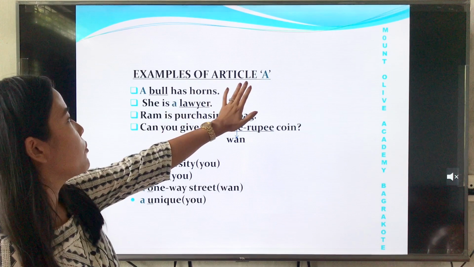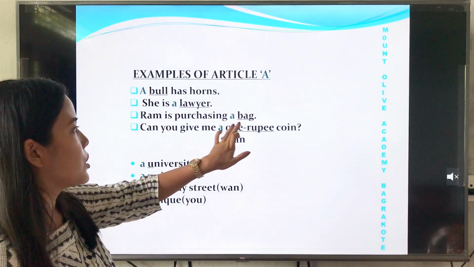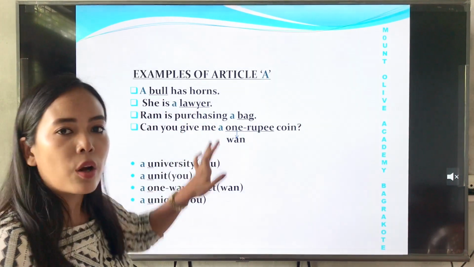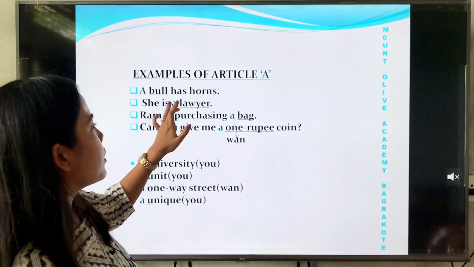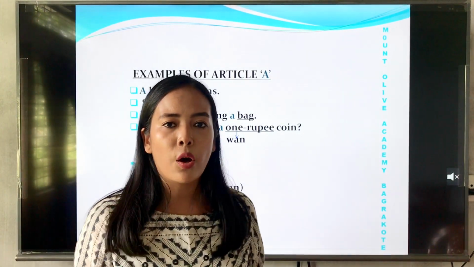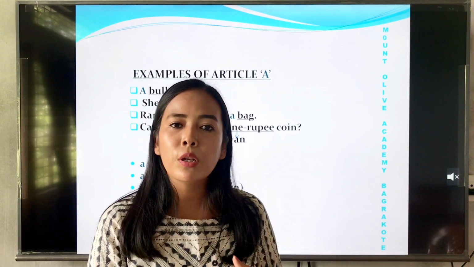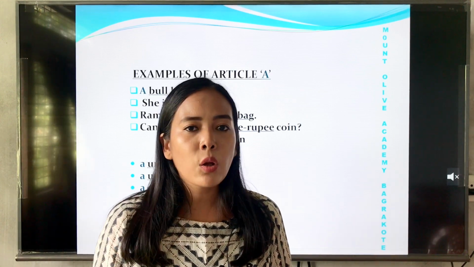For examples of article A: a bull has a horn, she is a lawyer, Ram is purchasing a bag. The nouns here are not definite, like bull, lawyer. She is a lawyer. Here the lawyer is not specific. She may be a criminal lawyer, a corporate lawyer, a family lawyer, anything.